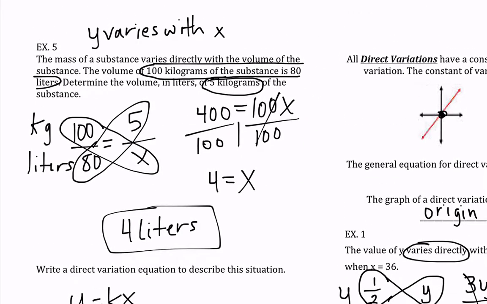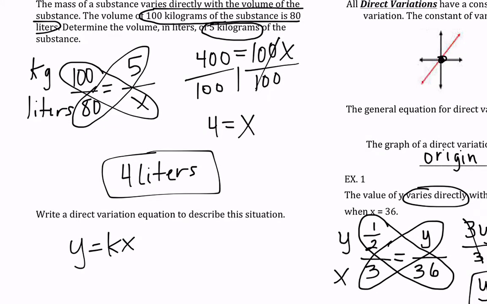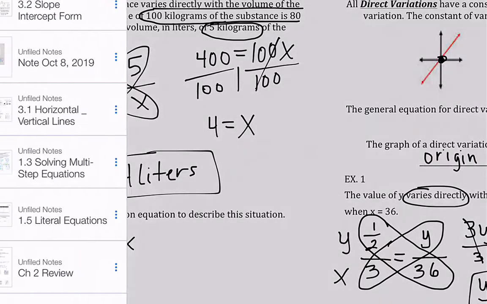It tells me the mass varies with the volume. So mass is my y, volume is the x. Mass is your kilograms, that's your y. Your volume is your liters, that's your x.